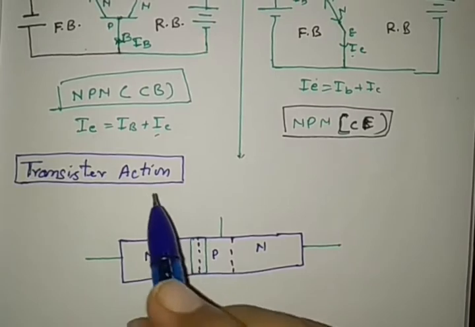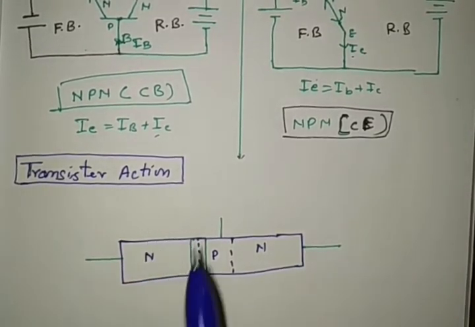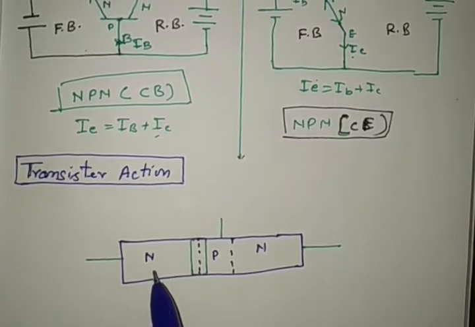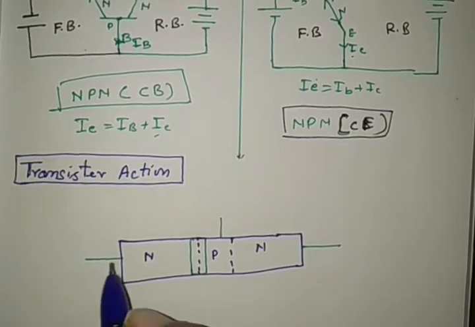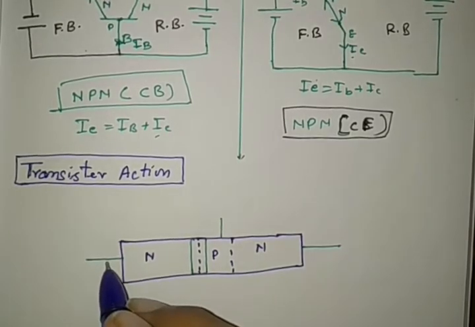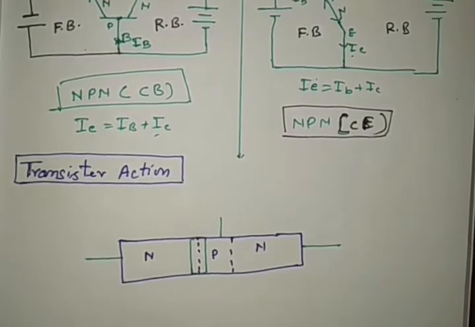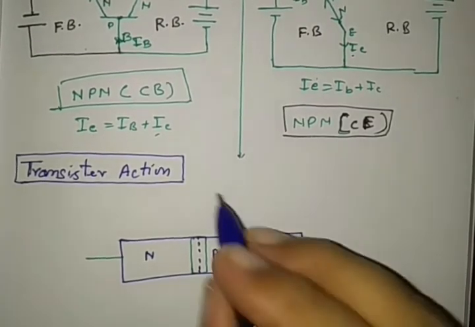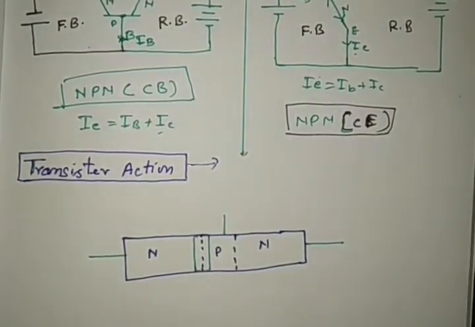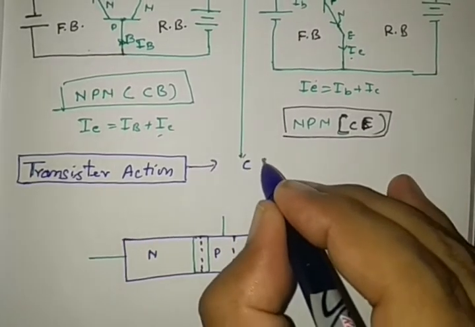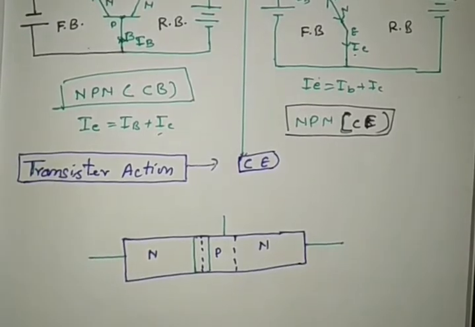Now see the transistor action. We are explaining the transistor action here by taking the example of NPN. Three terminals are here. Treat them as emitter, base, collector, right? This is explained by taking an example in which the emitter is in common emitter configuration.